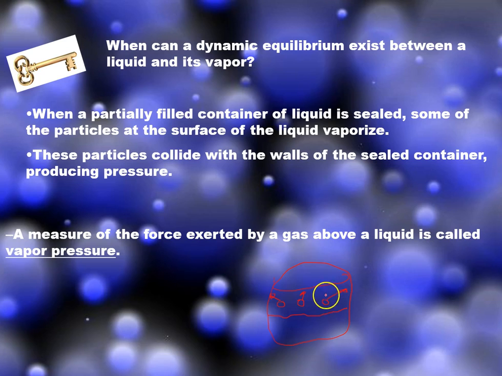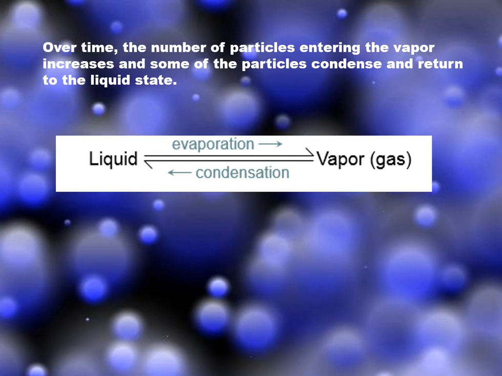This is what's creating a pressure, and that's the vapor pressure of our container. So over time, the number of particles entering the vapor phase increases, and some of the particles condense and return to the liquid state. And so what we see here, we have some of the liquid going into the gaseous state, and then some of the gas is going to condense back into the liquid state.